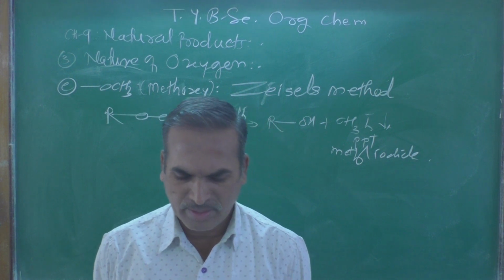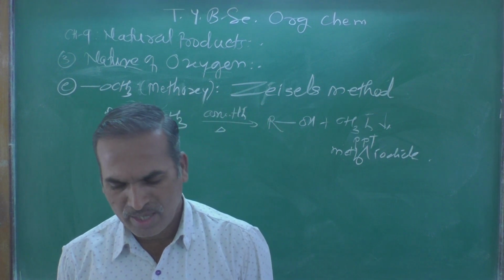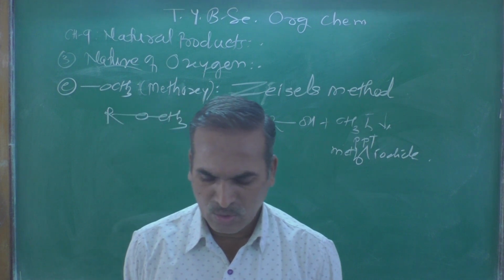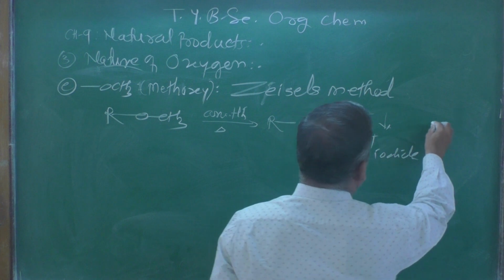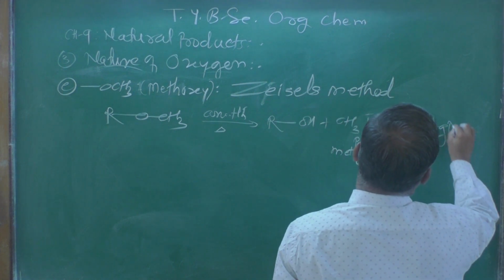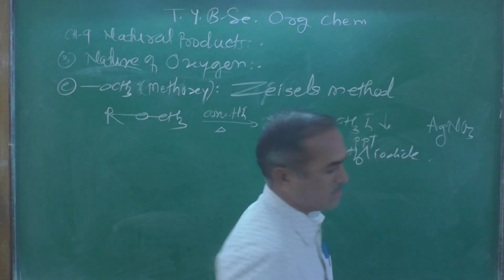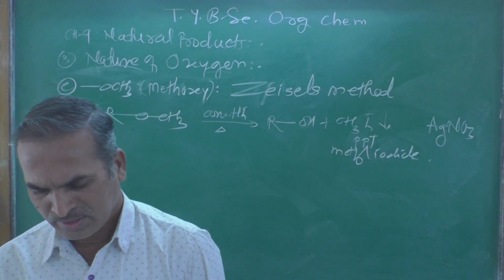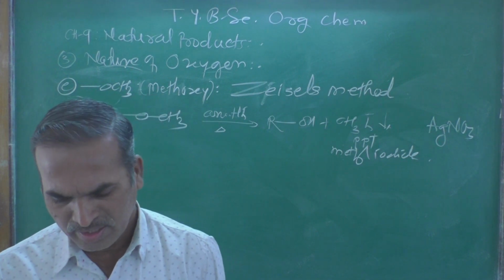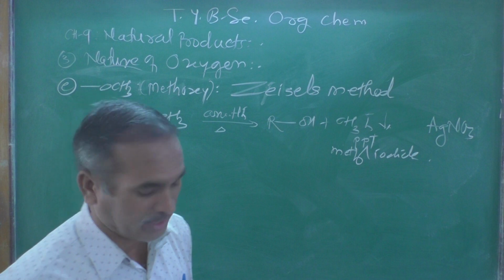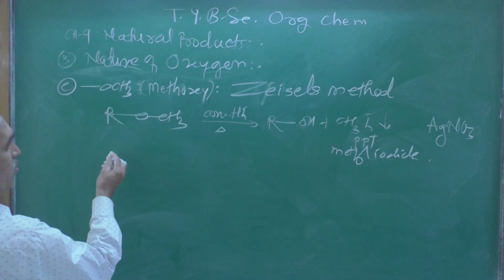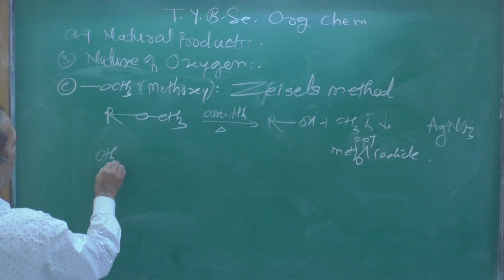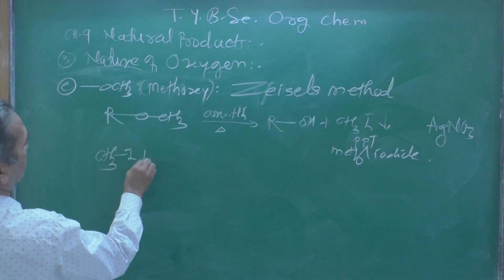The resulting methyl iodide is passed into an alcoholic solution of AgNO3, that is silver nitrate, when AgI gets precipitated. Let us see over there. The starting compound is methyl iodide.